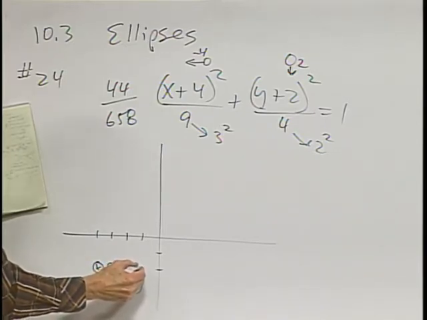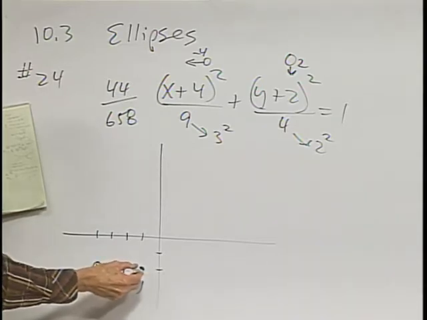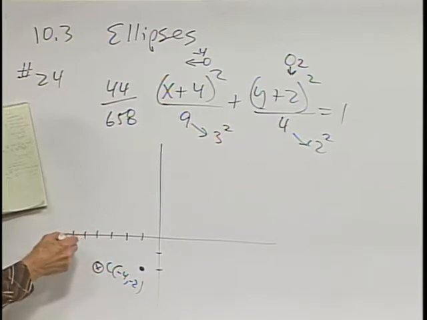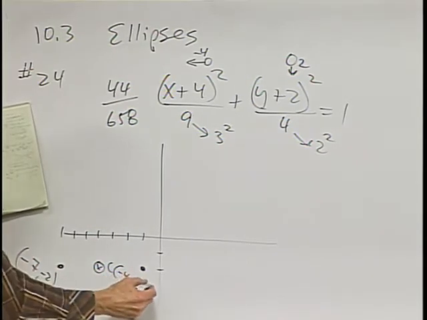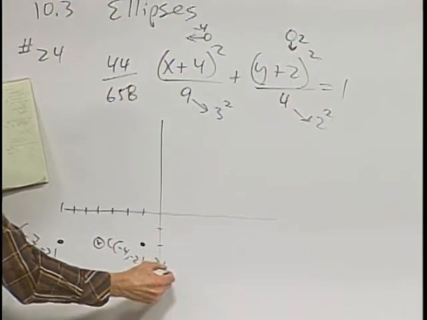So it'll go as far to the right as this point at negative 1 on x, and then as far to the left as negative 7. So negative 7, negative 2, and this point right here happens to be at negative 1, negative 2.